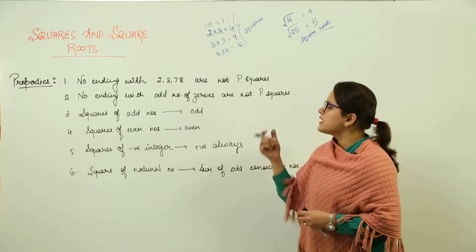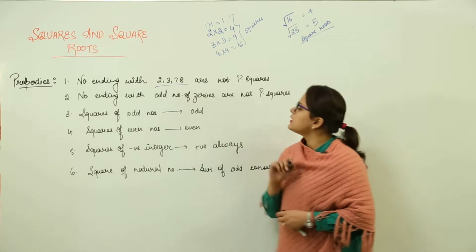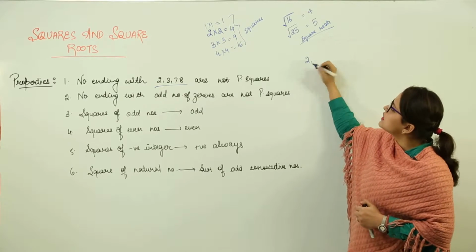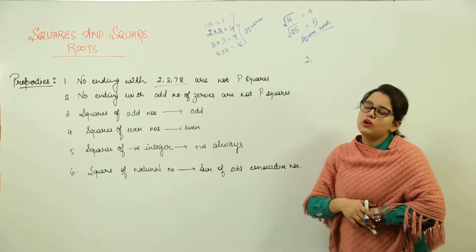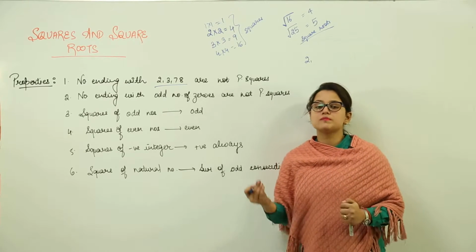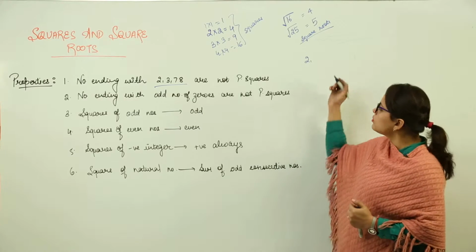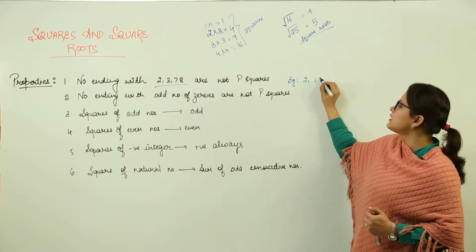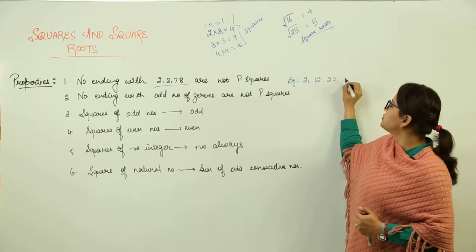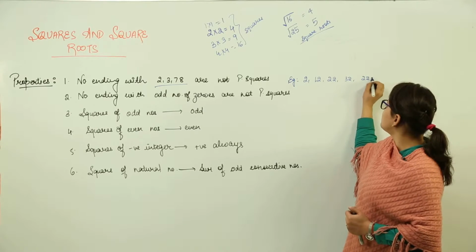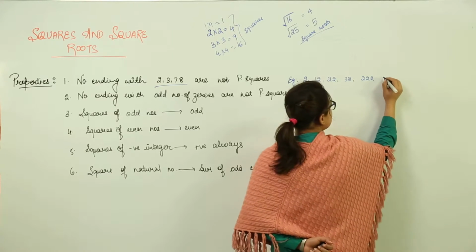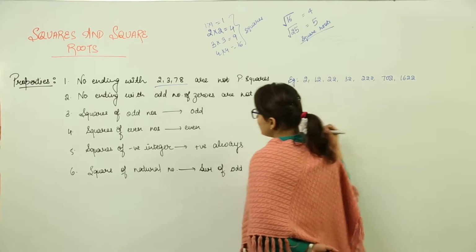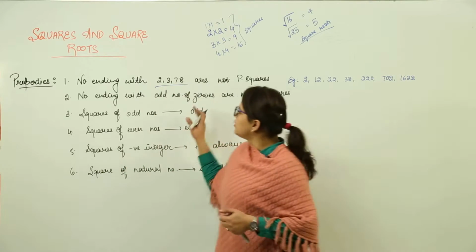The first property says that numbers ending with 2, 3, 7, 8 are not perfect squares. Let us take any example. Let us take 2 only, a single digit number. Is it a perfect square? No. We don't know any two such numbers by multiplying which we get 2. Examples for this would be 2, 12, 22, 32, 202, 702, 1622, or any other number ending with 2, 3, 7, 8.